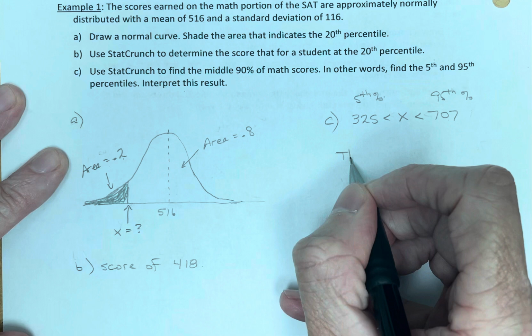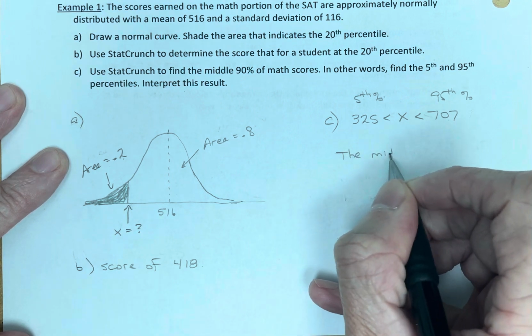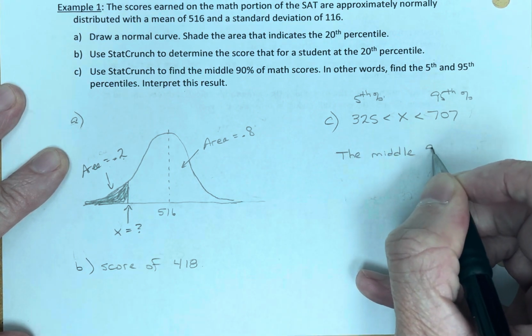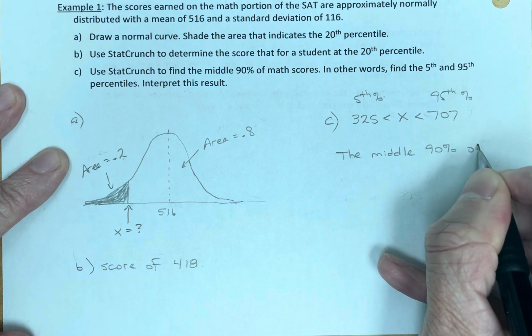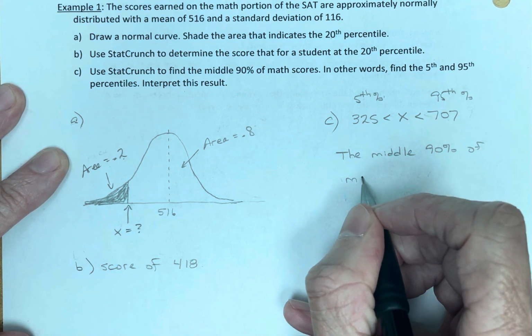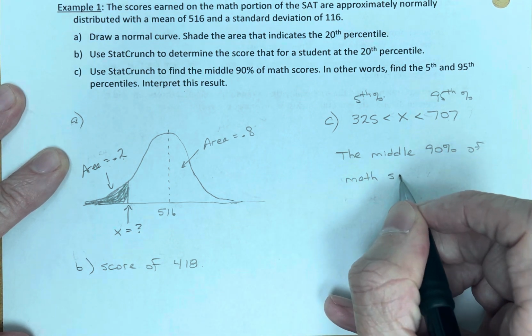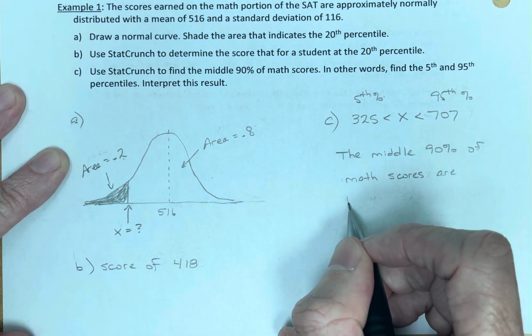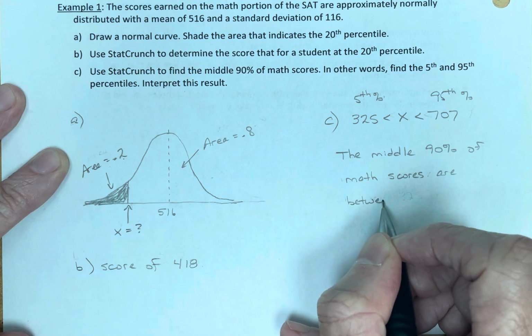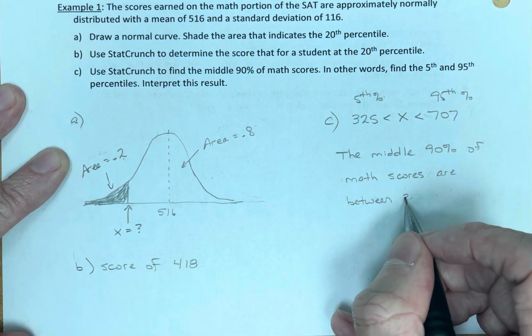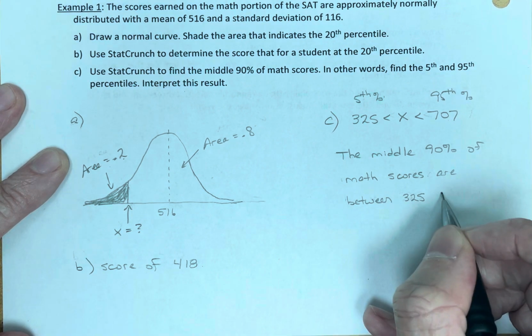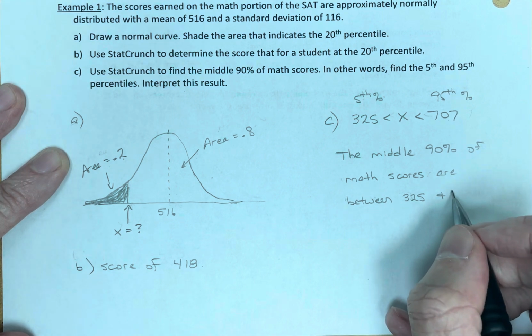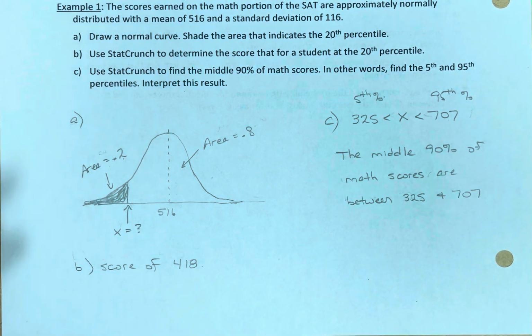Well, we'll just say that the middle 90% of math scores are between 325 and 707. So there you have it, using StatCrunch in two different directions, in this case, finding the value.